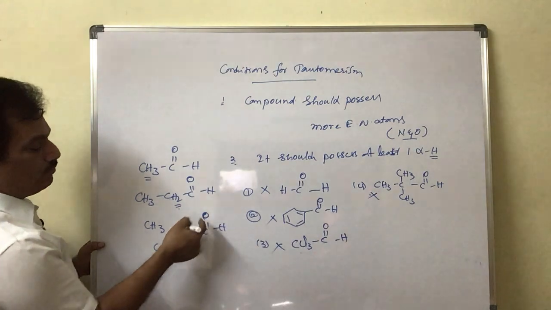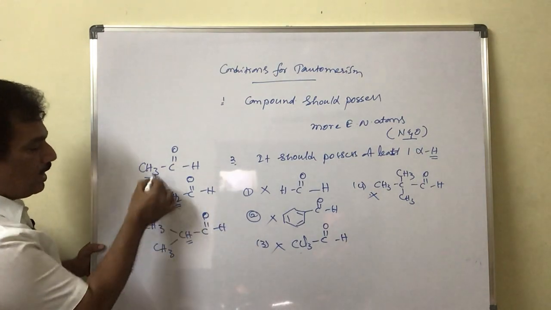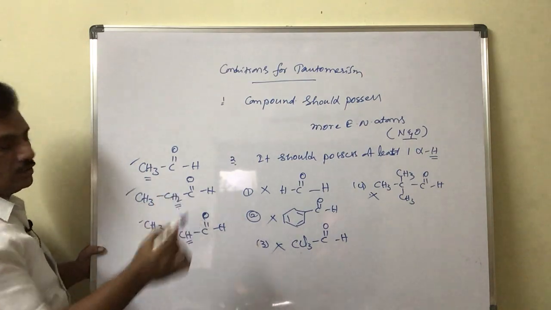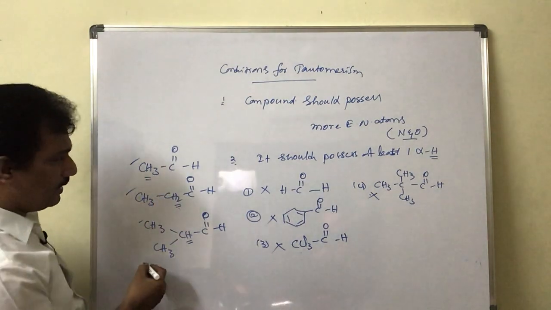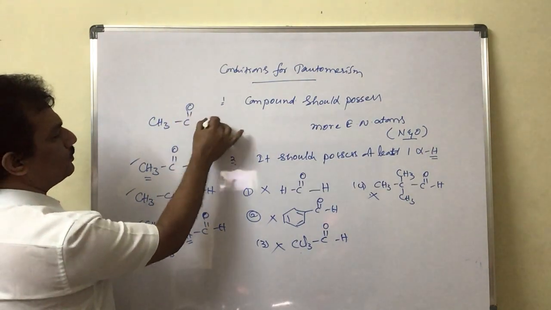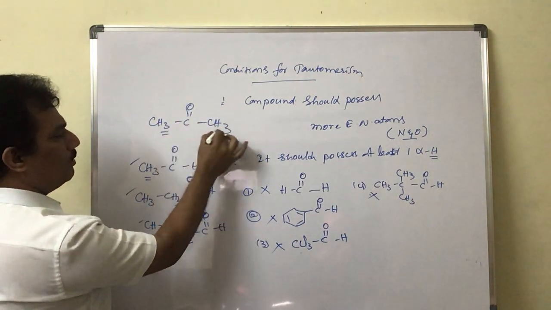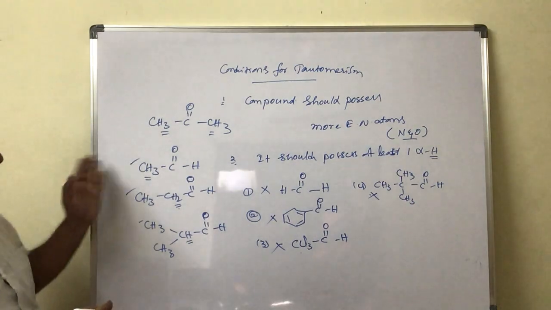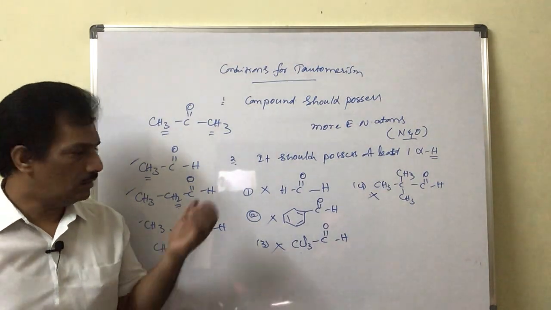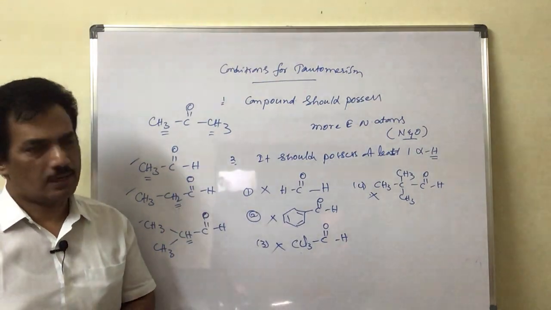Even in ketones, CH3-C=O-CH3, there are alpha hydrogens. That's why it can exhibit tautomerism. Clear?